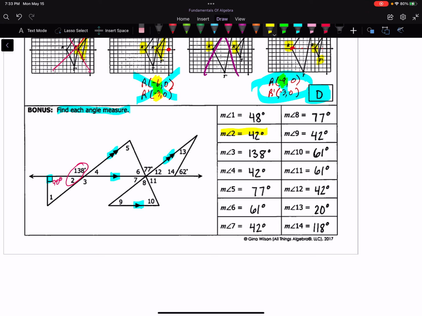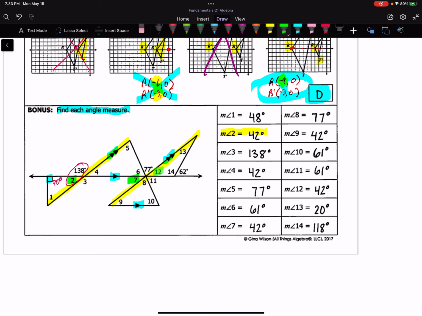Okay, so now if this guy right here is a parallel line with this guy right here, and 138, let's see, 2 corresponds with 7. 2 corresponds with 7. Oops, I want to do that in green. 2 corresponds with 7.